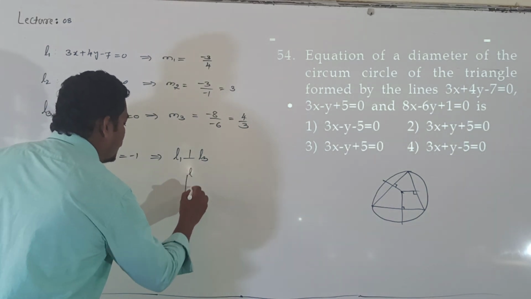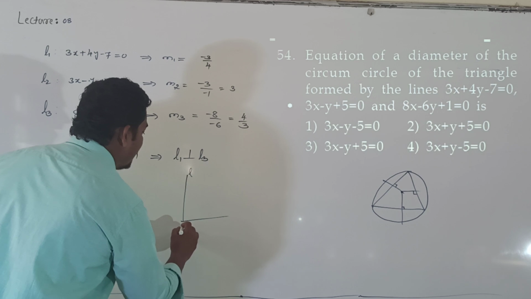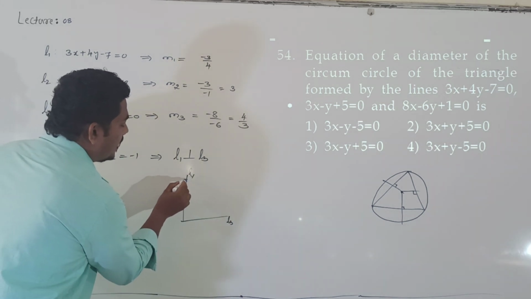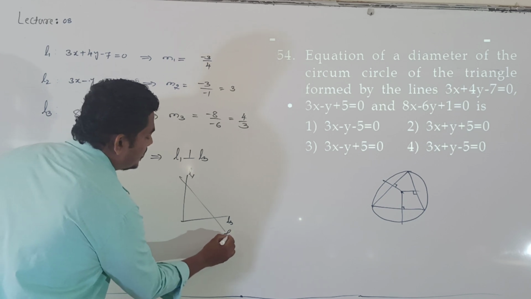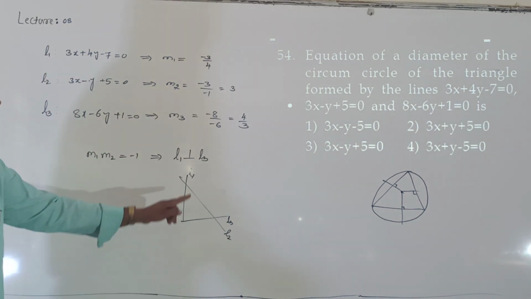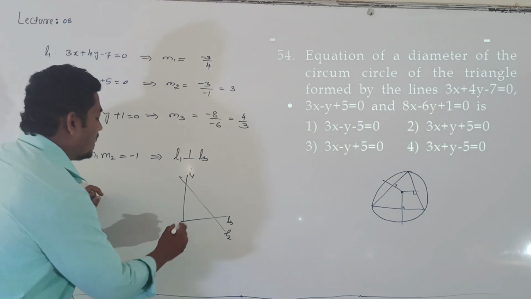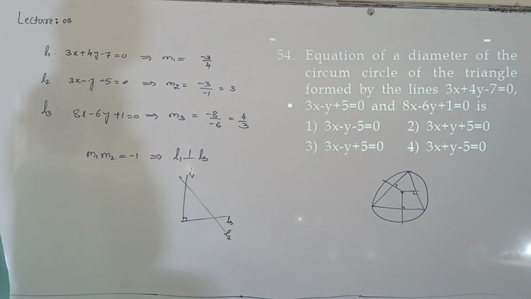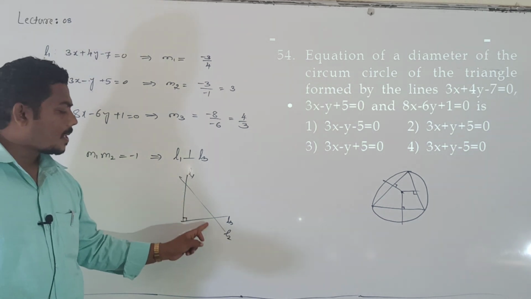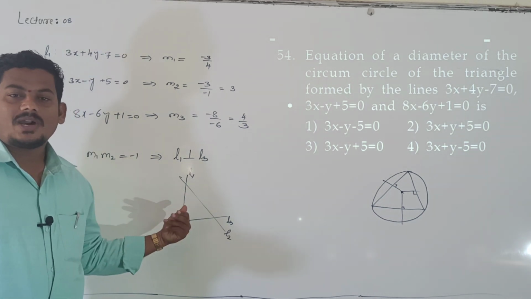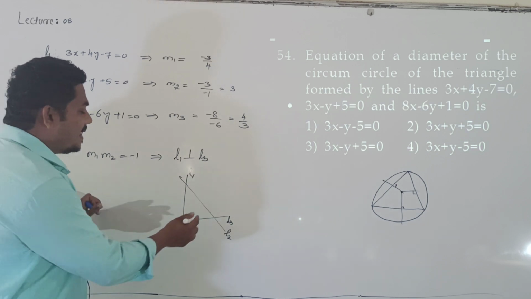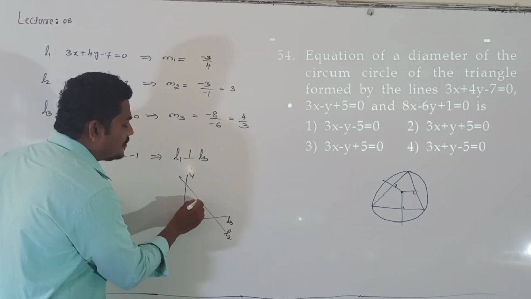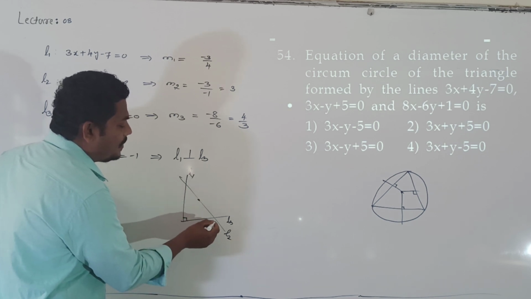This is line 1 and this is line 3, and this is line 2. If L1 is perpendicular to L3, then L2 is the hypotenuse side, which means the circumcenter is on line 3. Once this is the circumcenter, then line 3 itself is the diameter.